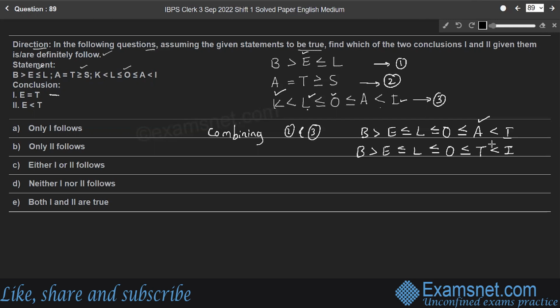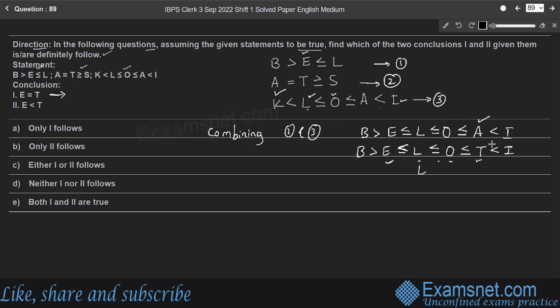So can we conclude E is equal to T? No, we cannot conclude strictly that E is equal to T, because in each case there is one more relation which is less than, where E is less than or equal to L, L is less than or equal to O, and O is less than or equal to T.